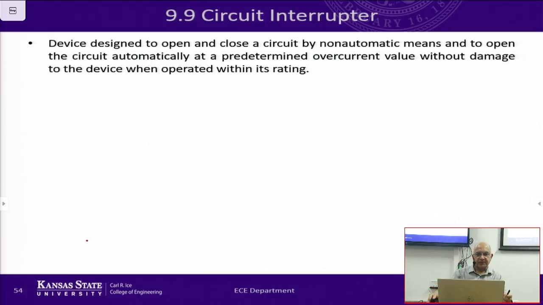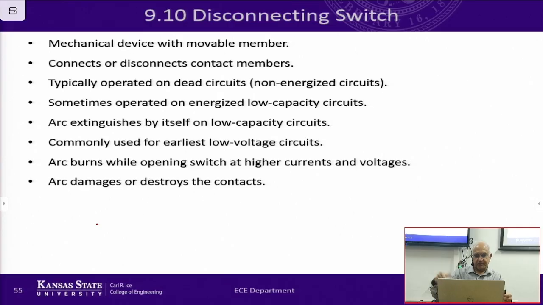This is something which is manual, or it could be automated at a predetermined overcurrent value. But again, it does not have fault carrying capacity, or fault interruption capacity, excuse me.